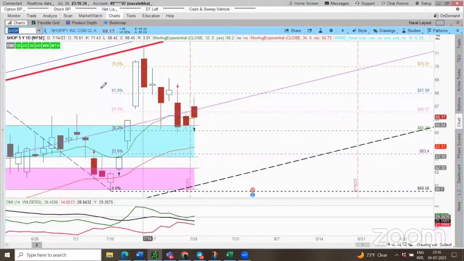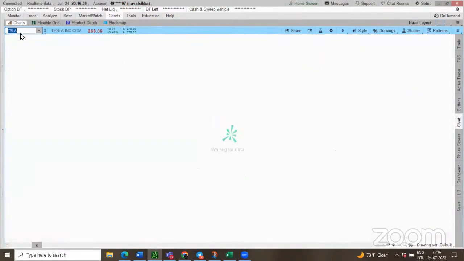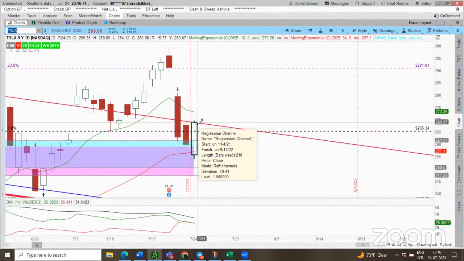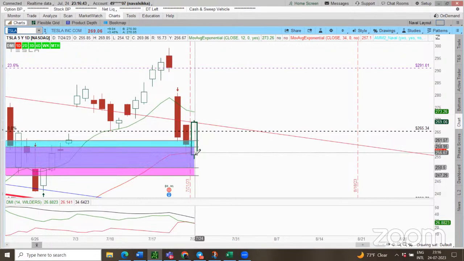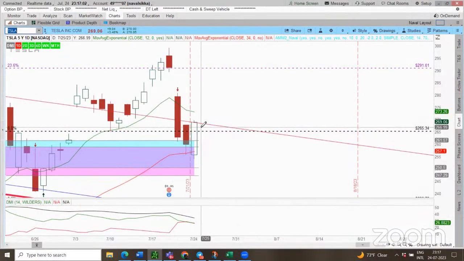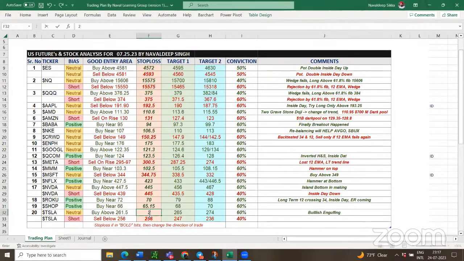Tesla, once again, this is a bullish engulfing candle. It tried to cover the entire body, took the support of the 34 EMA. So bullish engulfing, which is positive. 60 to 40. Now, 268 is my stop loss for long.